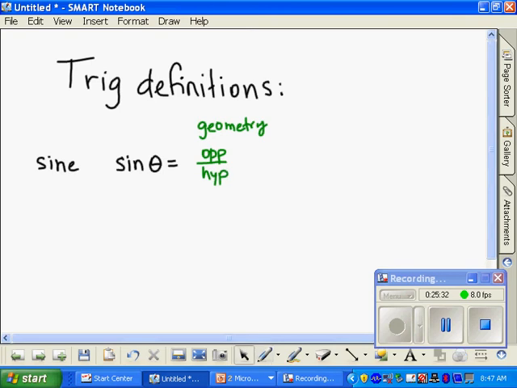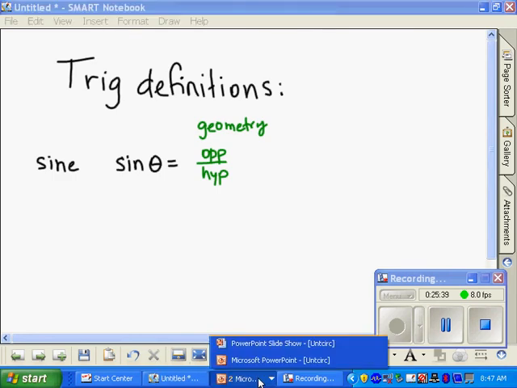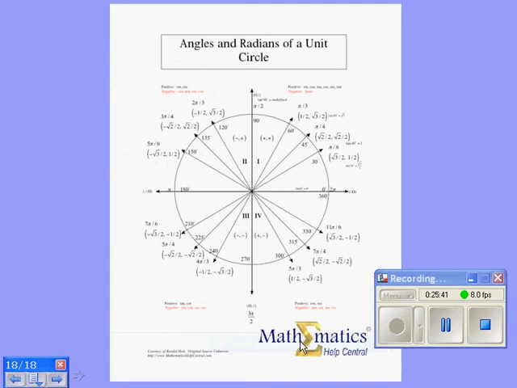If we think back to our unit circle, and I have those triangles, and this is my angle theta, what's the opposite side? It was my vertical piece, right? This is my opposite side, so that's my vertical piece.